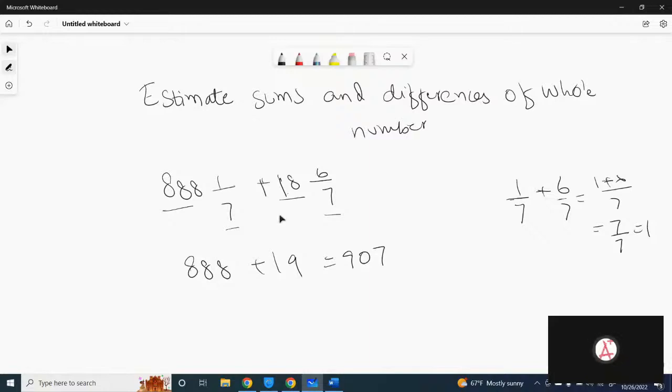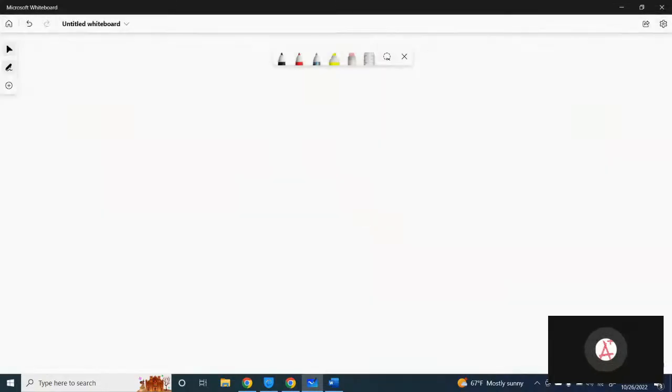Let's start with another example. The next example is 89 and 6/7 minus 3 and 3/7. So it would be 6/7 subtract 3/7, which is 6 minus 3, that is 3/7.